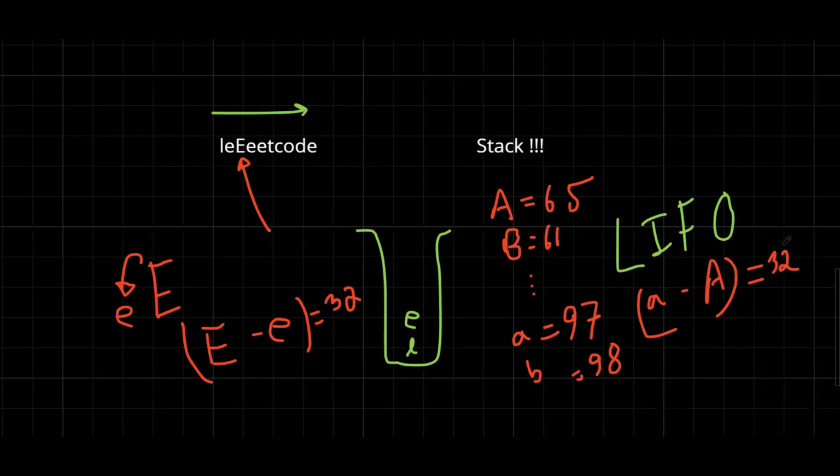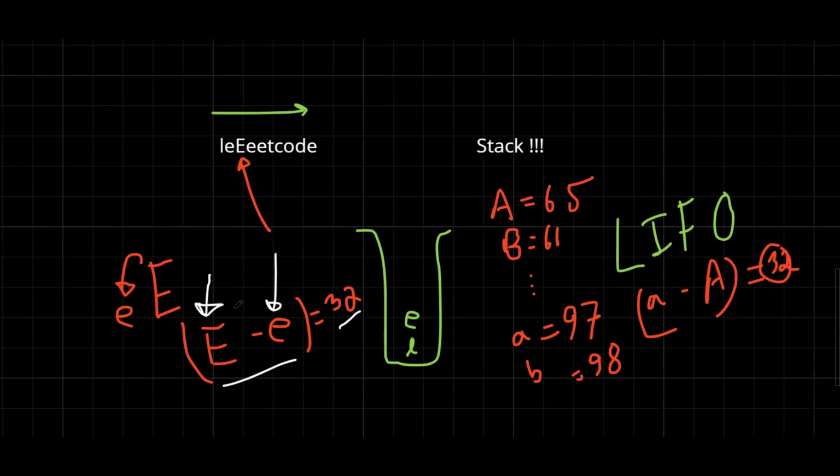So here, by this 32 value, we can check whether the first character E is the uppercase version of this small character e. So here, the algorithm is pretty simple. If we find an uppercase character, then we have to take the top element of the stack, and if the difference of their corresponding values is 32, that means one of them is the uppercase letter and the other is the lowercase letter of the same character.